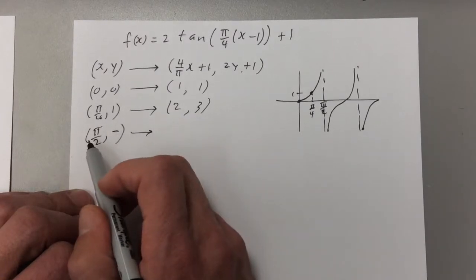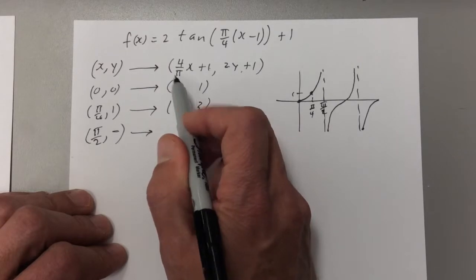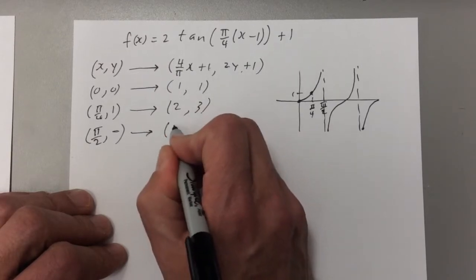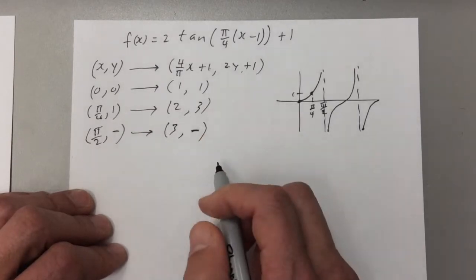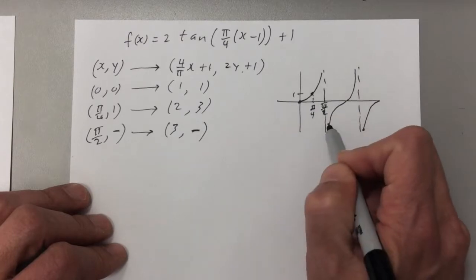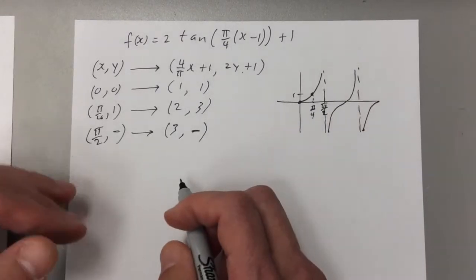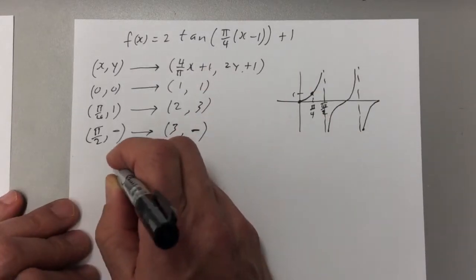And for this one, pi over 2 times 4 over pi plus 1 is going to give you 3. And it doesn't matter what the y is for that. So that gives us this point, and this asymptote transformed. Okay? So let's draw the graph.